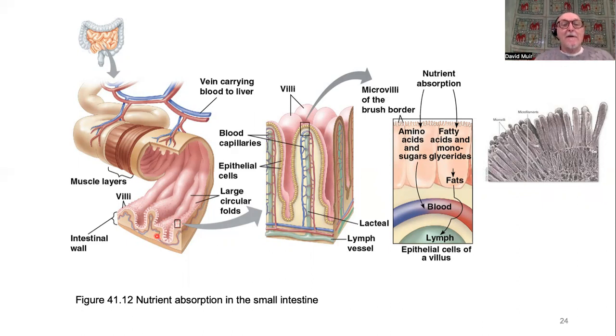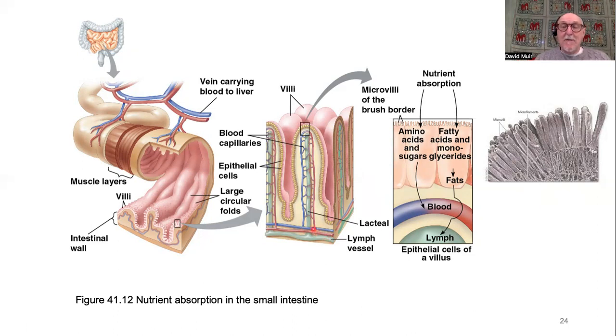But if we look carefully at these folds of the intestinal wall, we'll see that they themselves are folded like this. They are folded into what are called the villi, V-I-L-L-I. So these are finger-like projections like this, and they have their own blood supply of artery and a vein, leading to arteries and veins here.